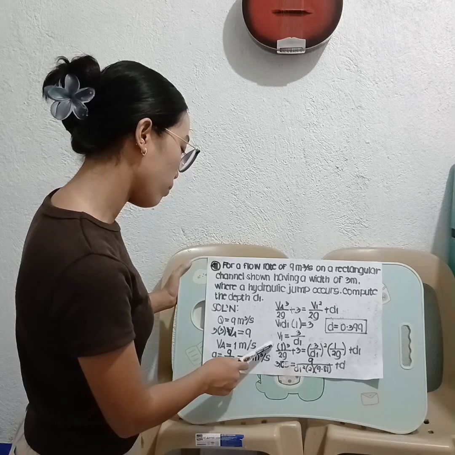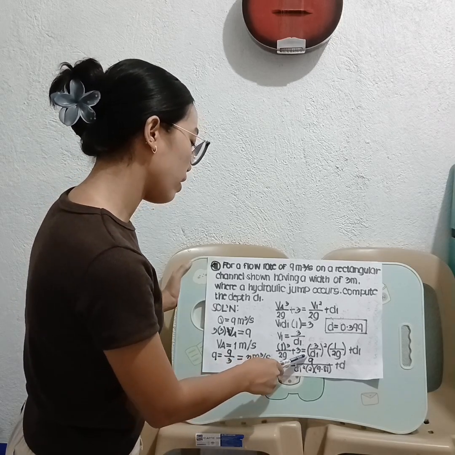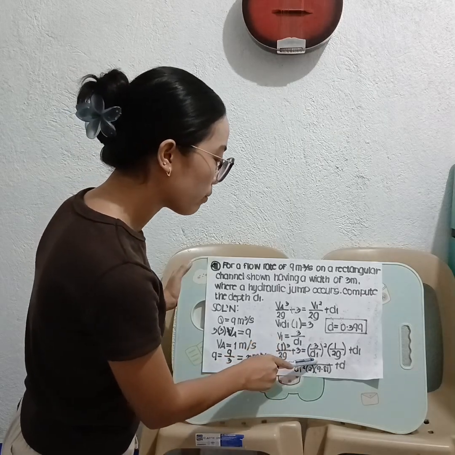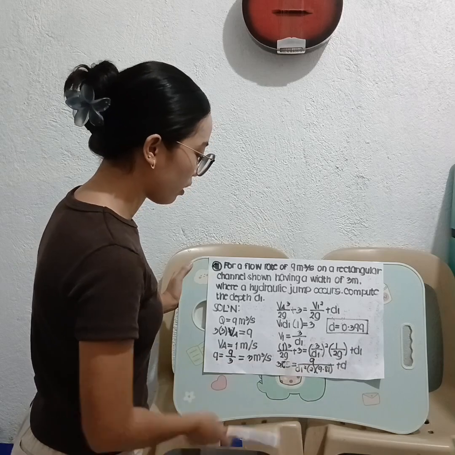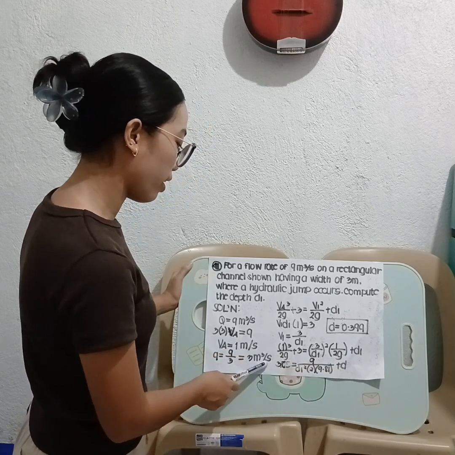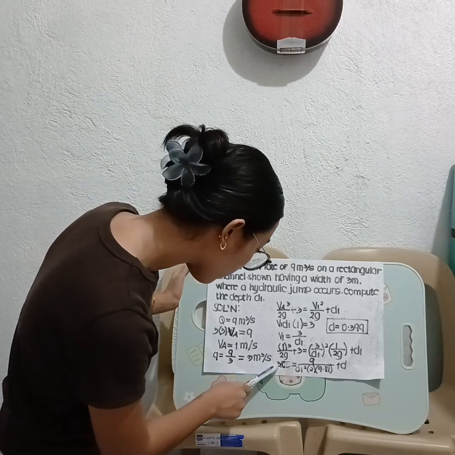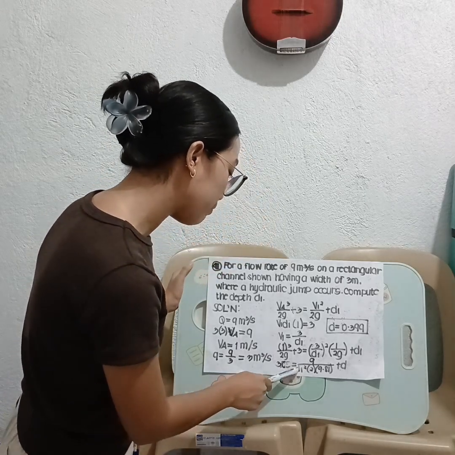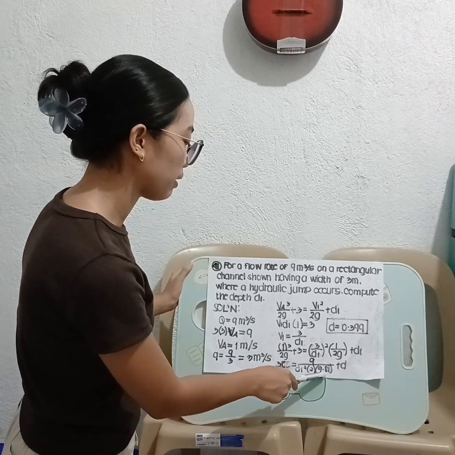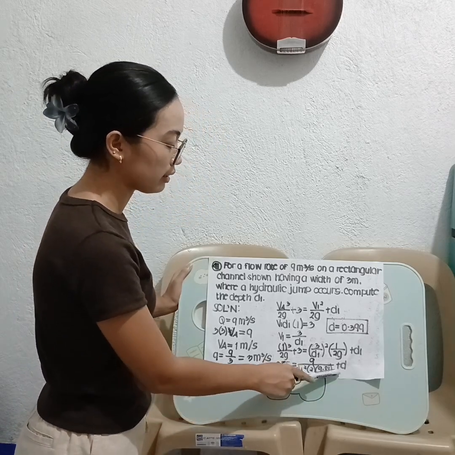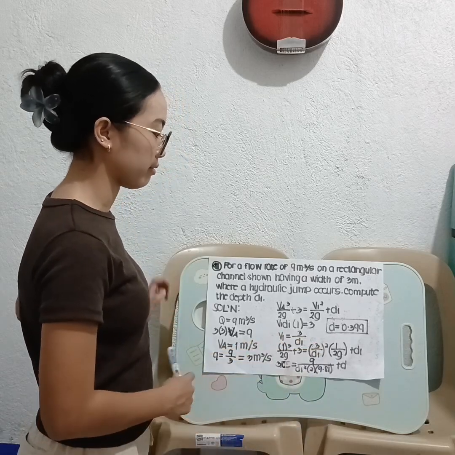Then 1 cubed over 2g plus 3 is equal to 3 over D1 squared times 1 over 2g plus D1. The value of g is 9.8 meters per second squared. We have 3.05 equal to 9 over D1 squared times 2 times 9.81 plus D1. So we have the value of D1 equal to 0.399.